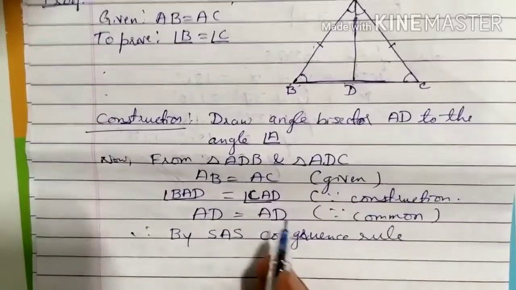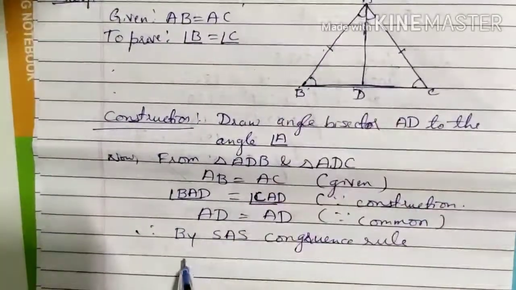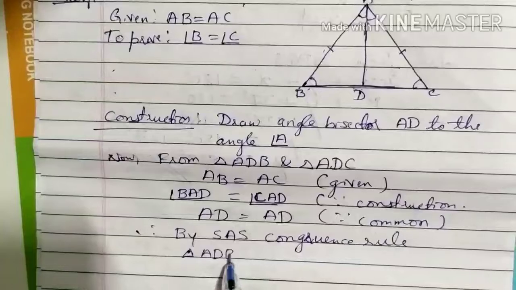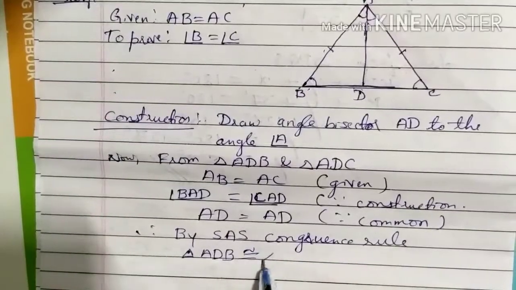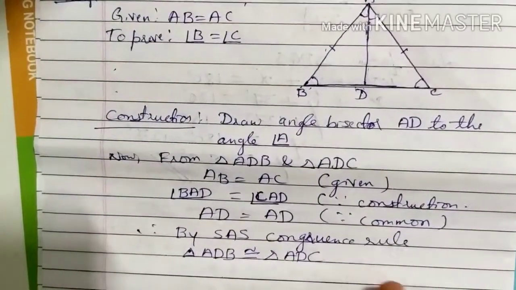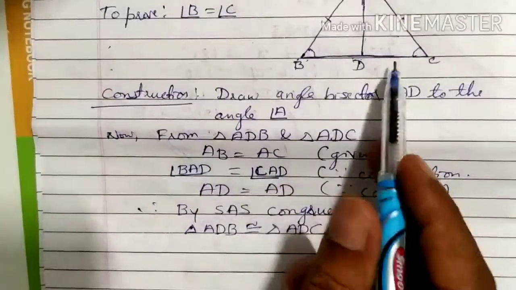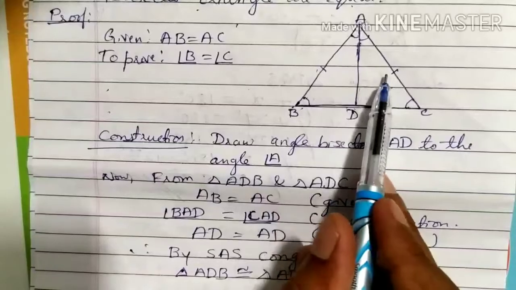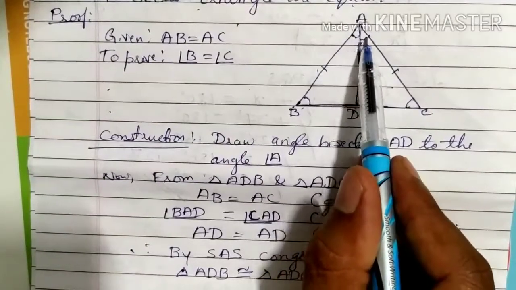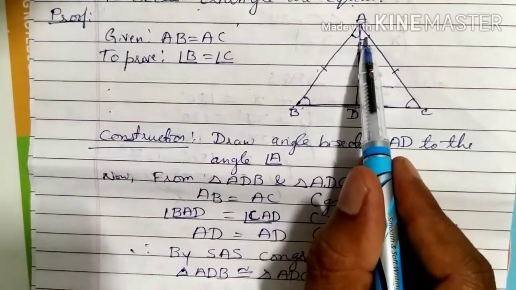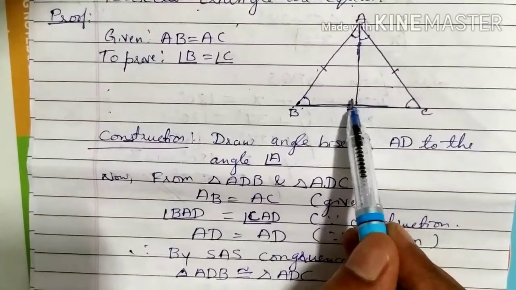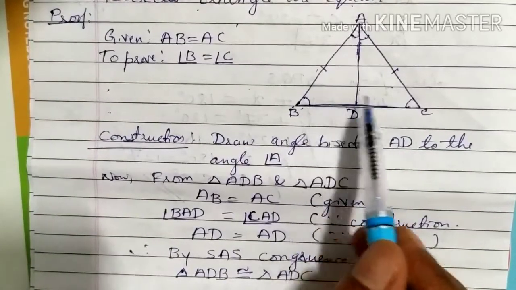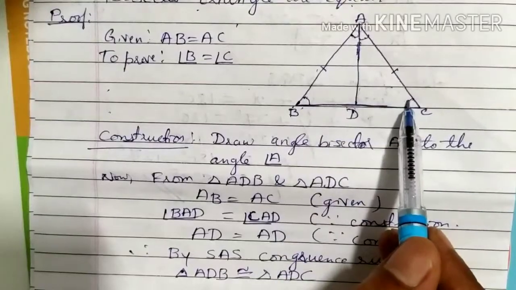we can say that these two triangles, triangle ADB is congruent to triangle ADC. If you see these two triangles, these two angles are corresponding angles, and these two angles will be corresponding angles.